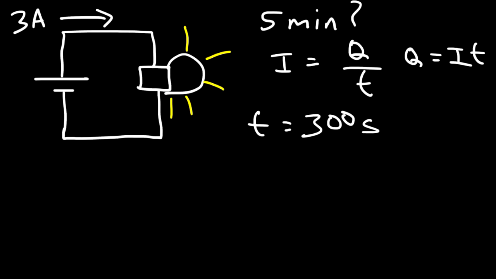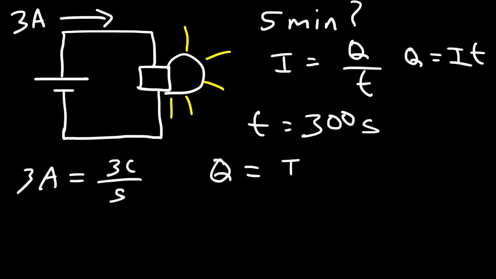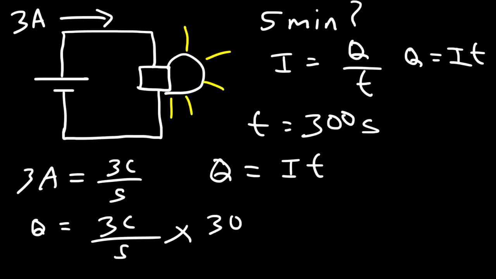Now keep in mind, 3 amps is the same as 3 coulombs flowing per second. So using the formula Q equals IT, we have a current of 3 amps or 3 coulombs per second, and we're going to multiply it by 300 seconds. So notice that the unit seconds will cancel, giving us the unit coulombs.